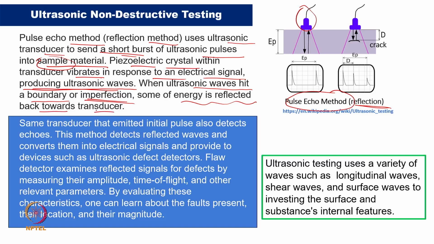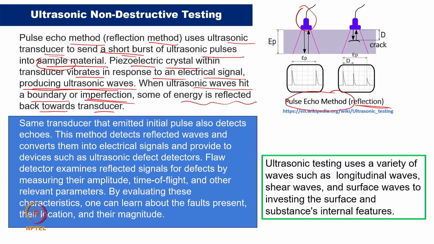So the transducer has a piezoelectric actuator, and whenever an electrical signal is given, it vibrates at a high frequency and releases ultrasonic waves, which strike a discontinuity or imperfection and reflect back.